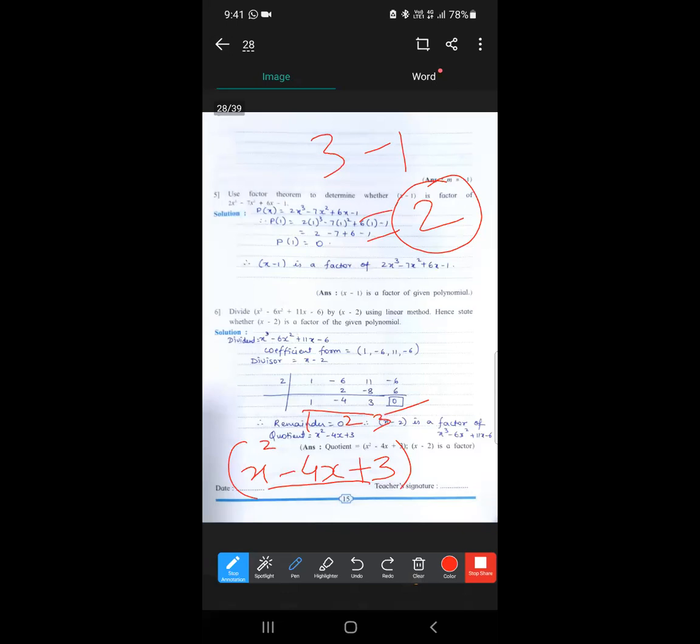So this is how you can solve polynomial questions by using the remainder theorem, factor theorem and synthetic division. These three topics are very important in this particular chapter.